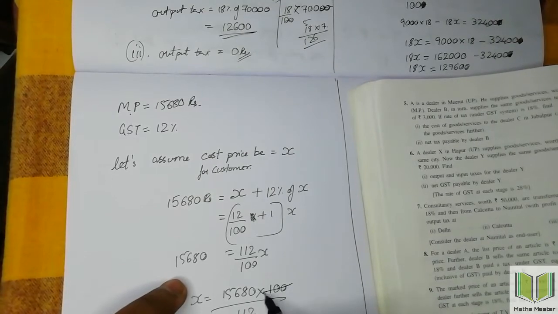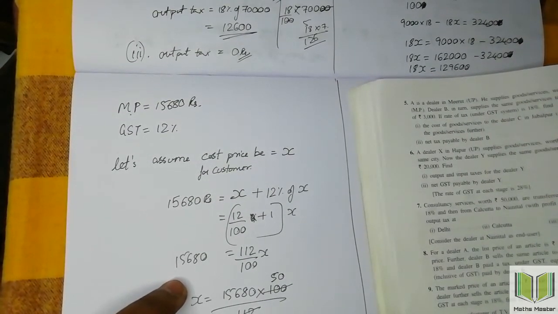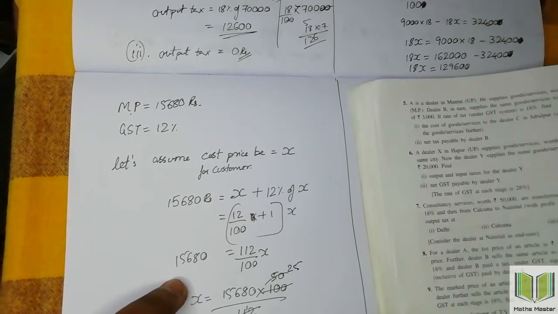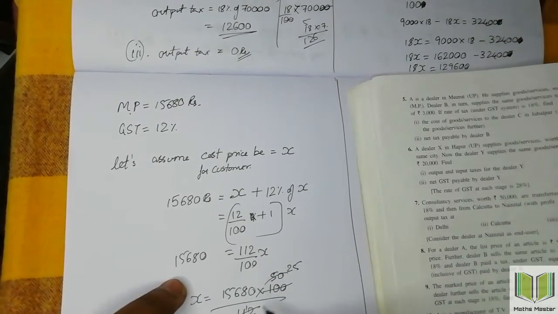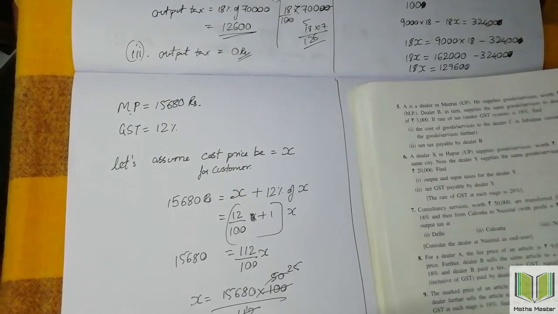Bigger number. With 28 it should be divisible. 4 7s are 28.